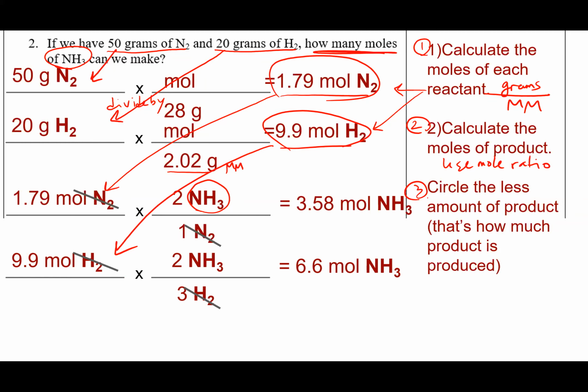So step 3, we're going to circle the lesser amount of product. So I'm going to circle 3.58 moles of NH3, and this is how many moles are produced. Keeping that in mind, we know that N2 is our limiting reactant because it produced less product, and H2 is going to be our excess reactant.